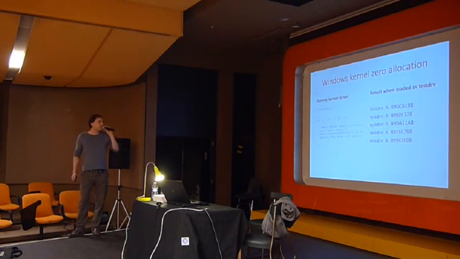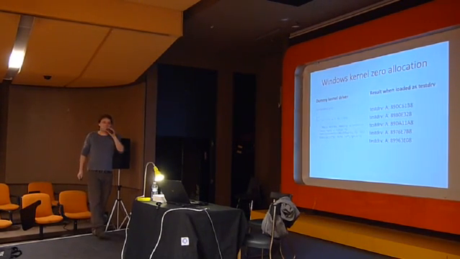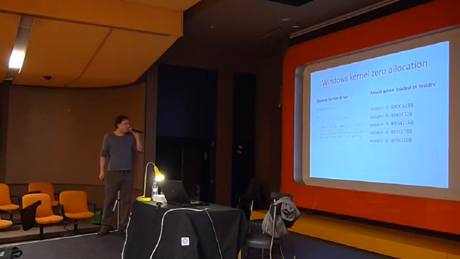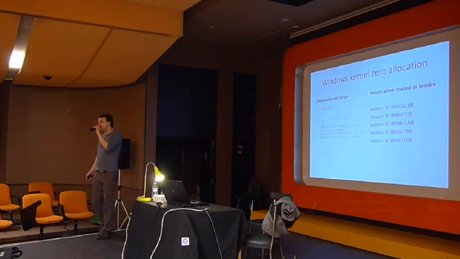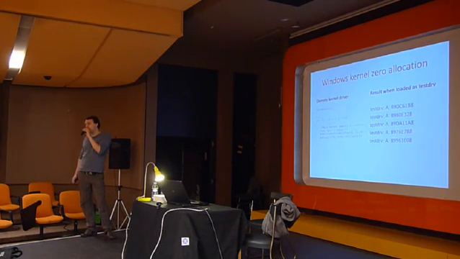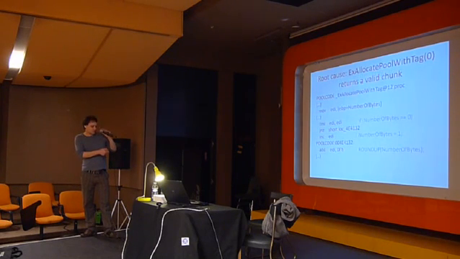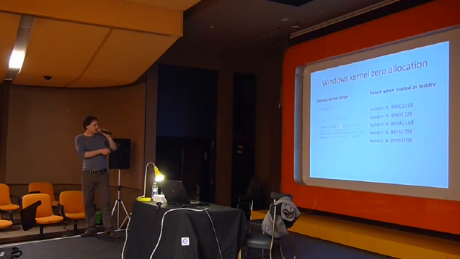So the very first basic code you want to write to check if you're vulnerable: a very simple dummy kernel driver on Windows. You just call the API ExAllocatePoolWithTag, which is an exported API for allocating memory in the kernel. You just pass it 0 size, and then you print the pointer that was returned by this API.